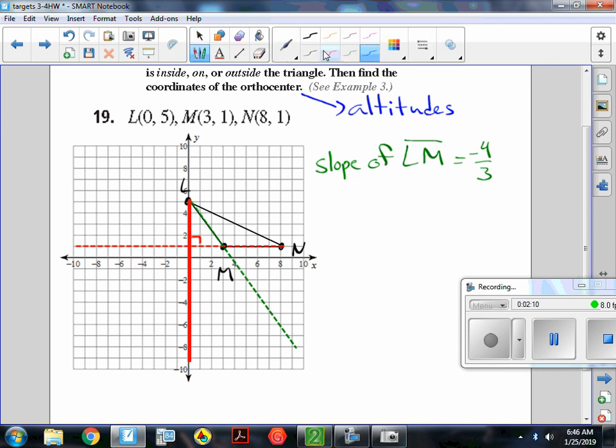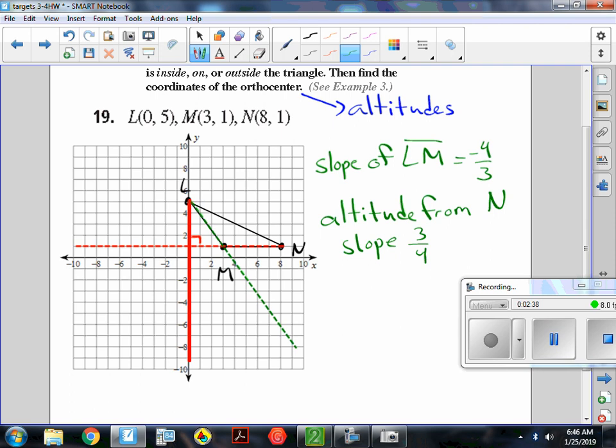And my altitude then for this one from vertex N is going to have a slope of positive 3/4 because that's the perpendicular slope from segment LM. So we did positive instead of negative and 3/4 instead of 4/3.